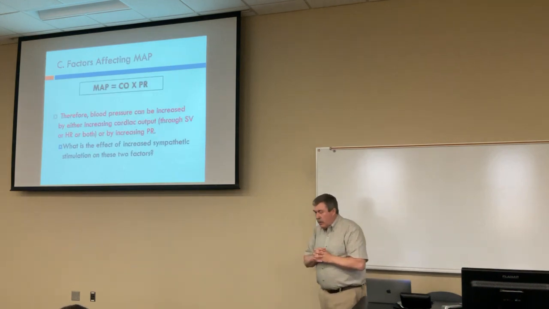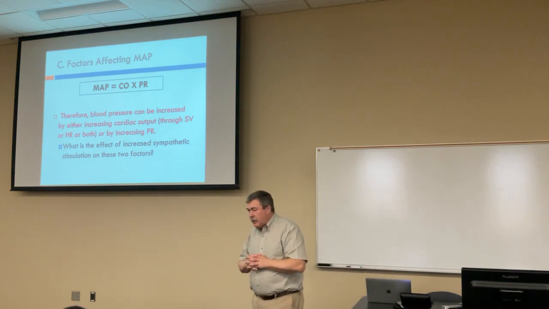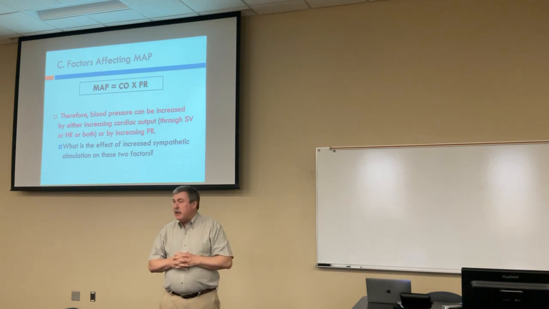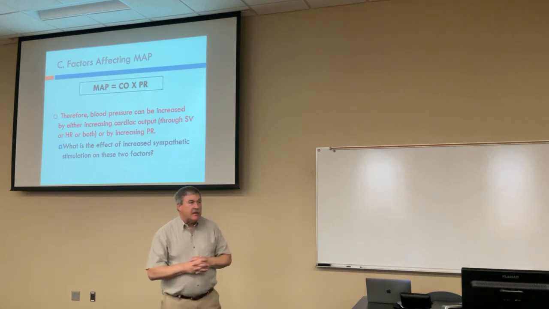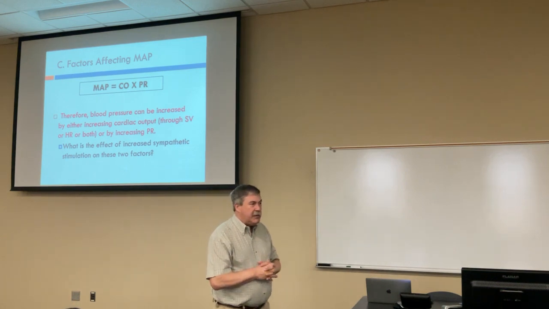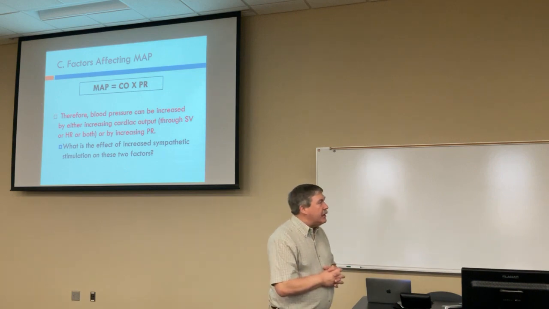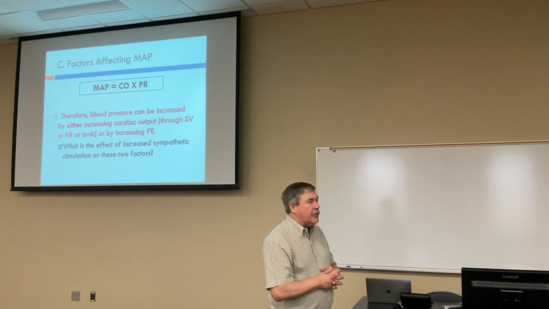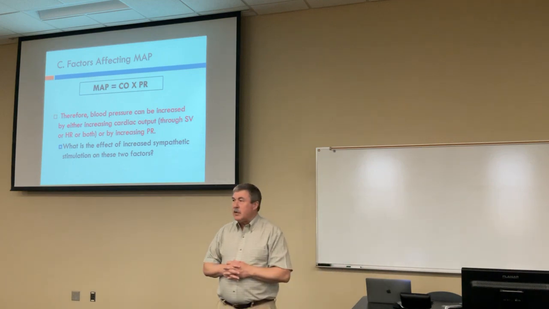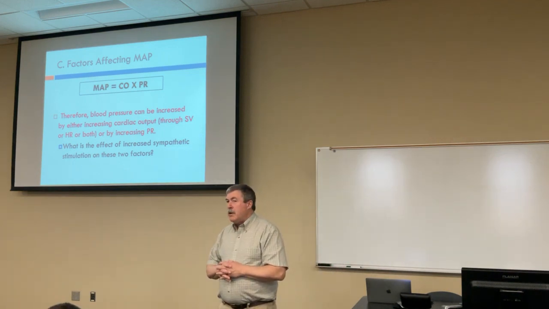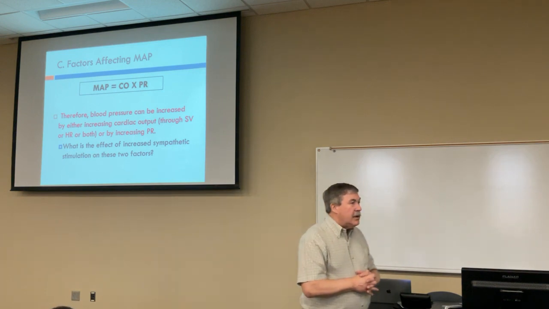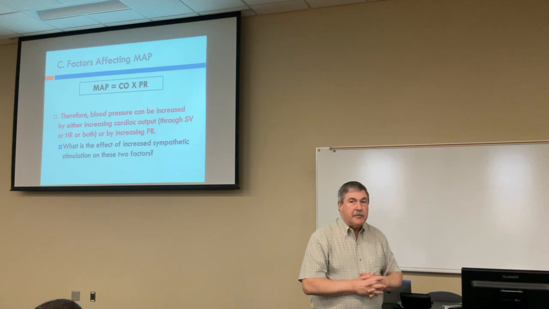All right, so the other day I showed you an equation that described the two factors that affect cardiac output. Cardiac output is equal to heart rate times stroke volume. Okay, that's an important relationship to remember. A second important mathematical relationship is the one that you see up here.